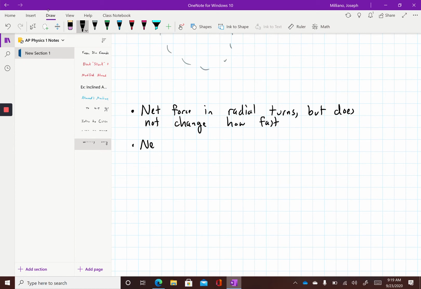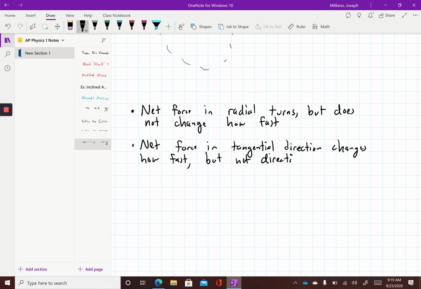And then net force in the tangential direction changes how fast, but not direction of motion.